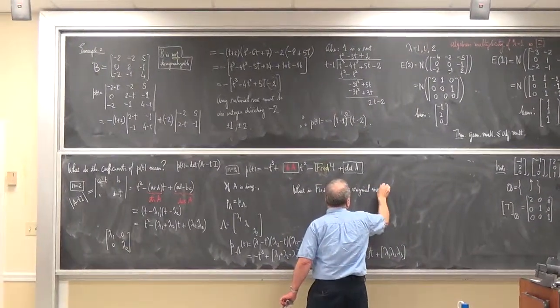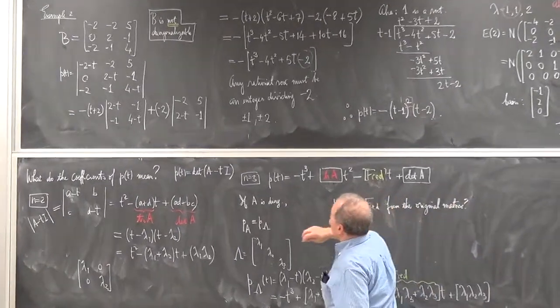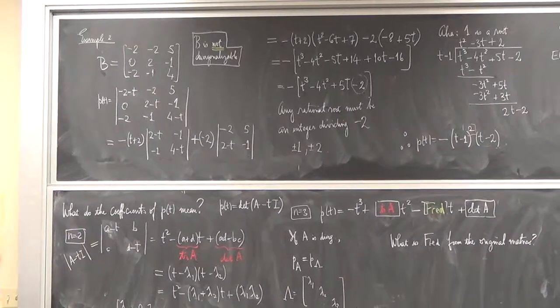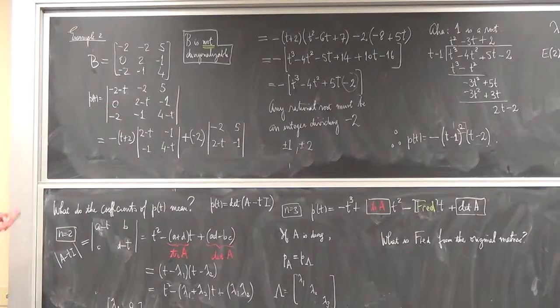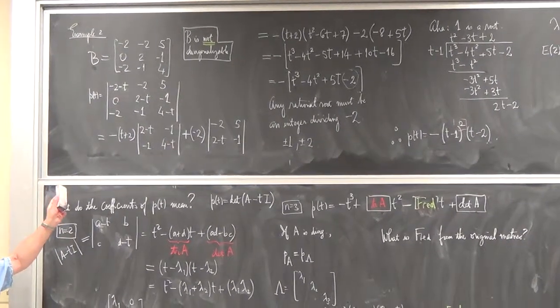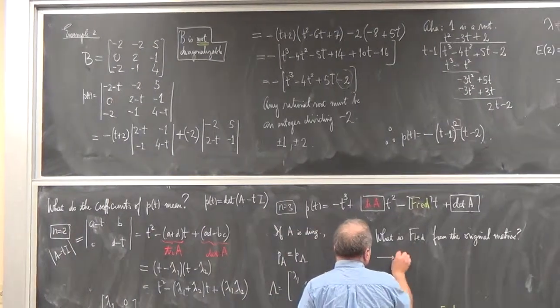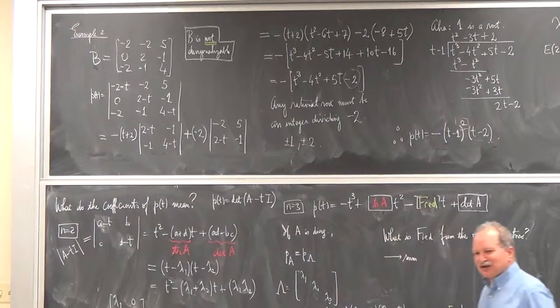If you actually think about where you get a t term when you expand that determinant, you will convince yourself, I'm not going to take the time to go through it super carefully.